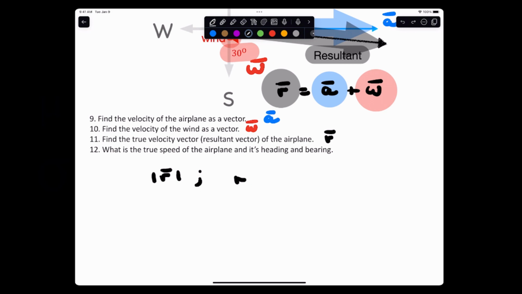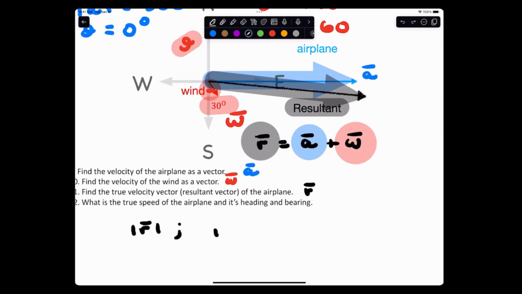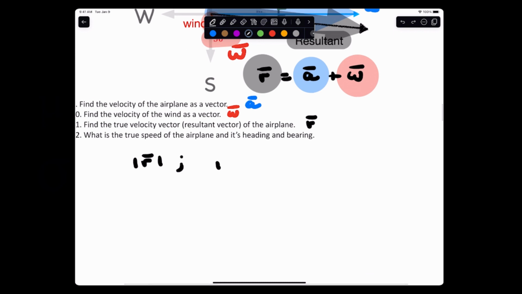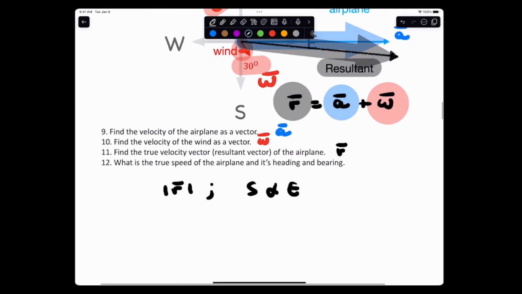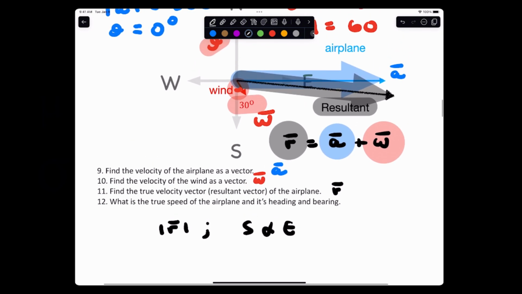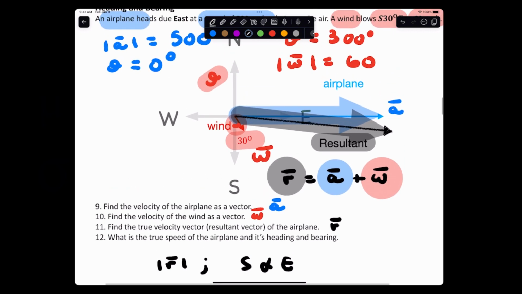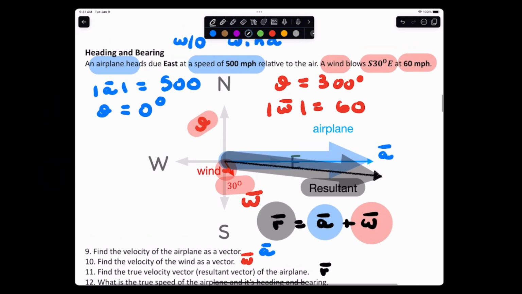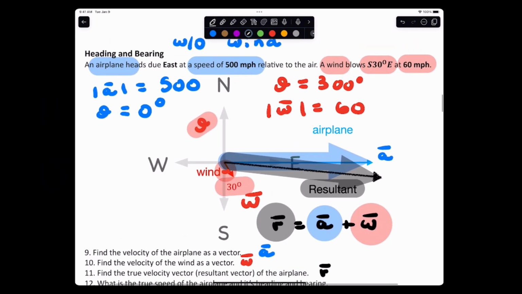Oh, and I guess it's safe to say, if you just look at this picture, that vector is a southeast vector, right? So they want the heading and bearing. So it's south, alpha, east. We have to find those things. So we're going to need to find all of these things, generally speaking. Okay? So does anybody have any questions knowing what we need to determine for this heading and bearing?